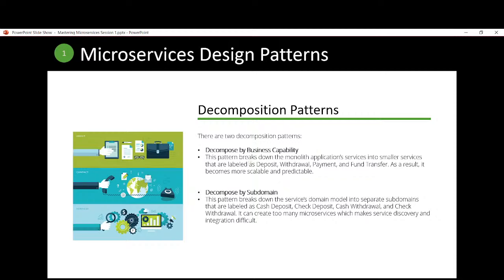So we call them the cash deposit API and the check deposit API, which are included in the deposit microservice. So that's it. I would rather choose the first one than the second one, so that it will not create too many microservices.